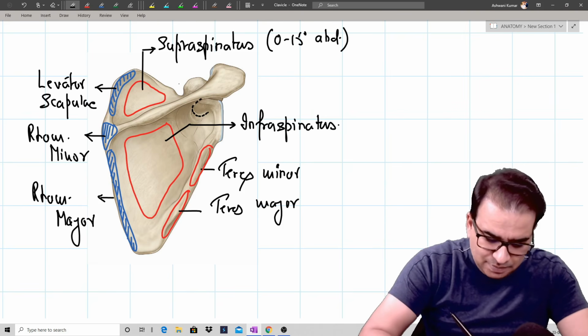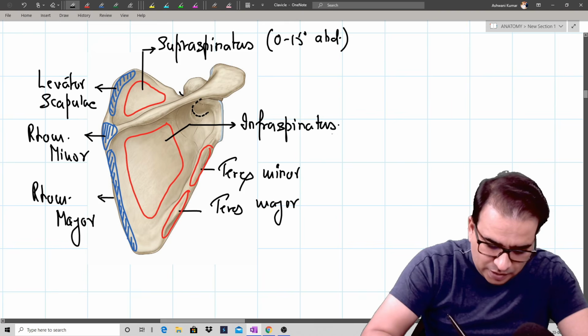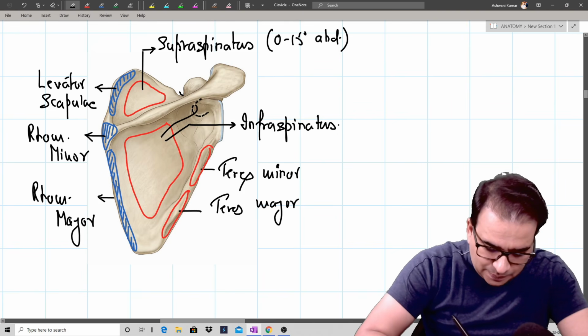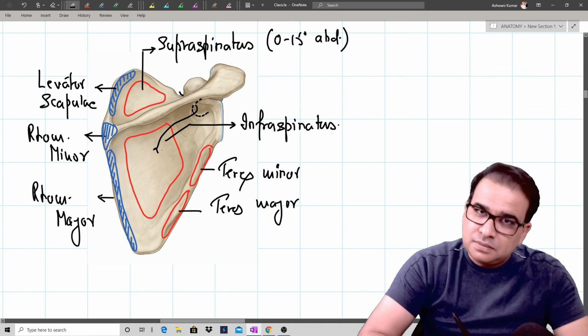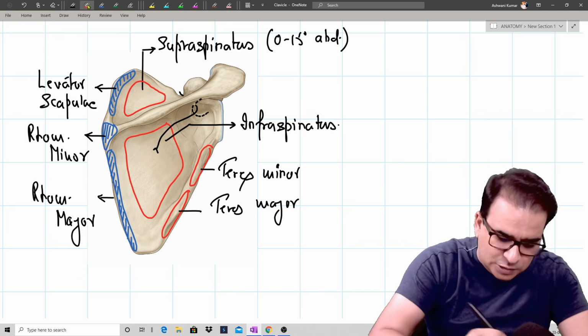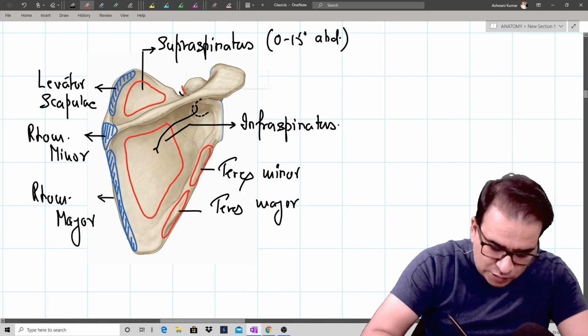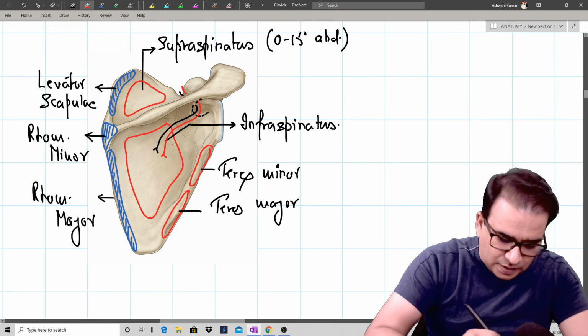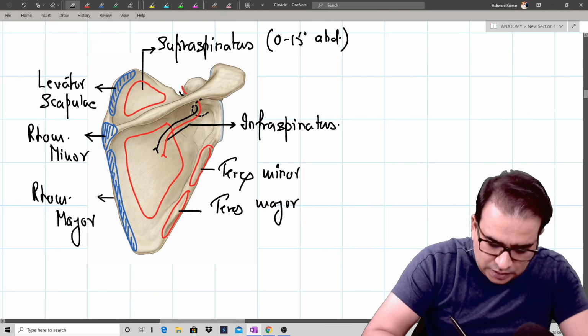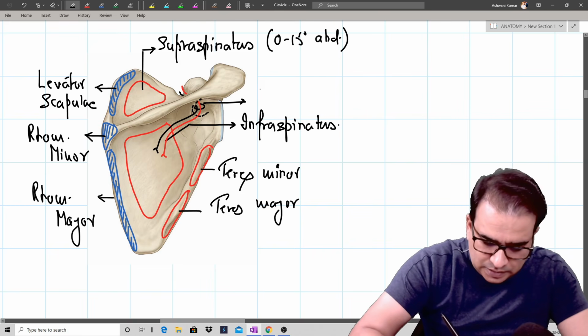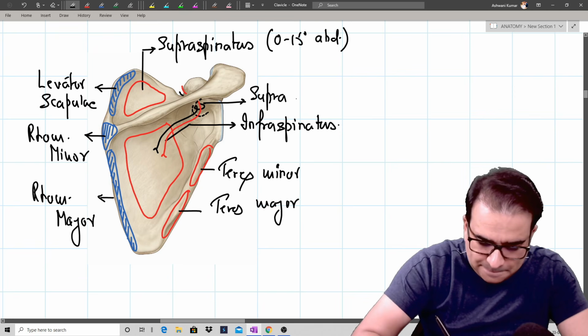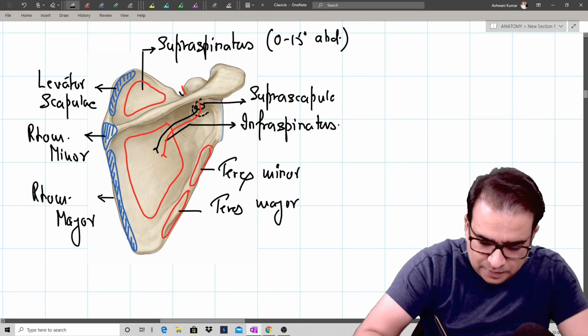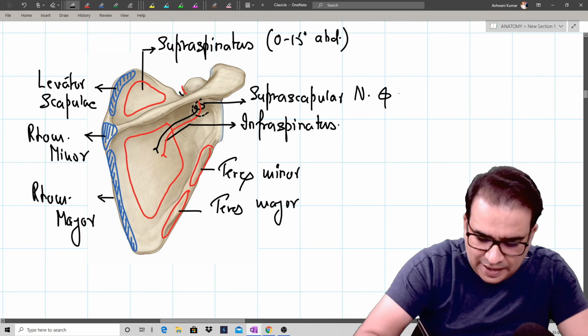Now guys, the same suprascapular nerve which is coming from here will actually come here and supply the infraspinatus muscle passing through this notch, and also the artery which was above will also go through this spinoglenoidal notch and will come down here. So these are suprascapular nerve and artery.